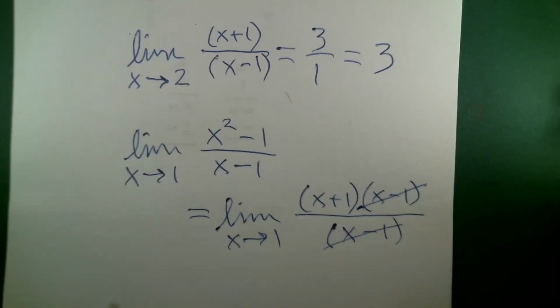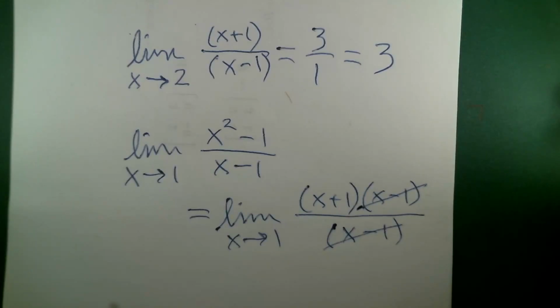I should point out the sort of theoretical thing that's going on here. When you cancel terms in a rational expression like that, it's effectively division. What you're assuming is that the thing you're dividing by is non-zero.